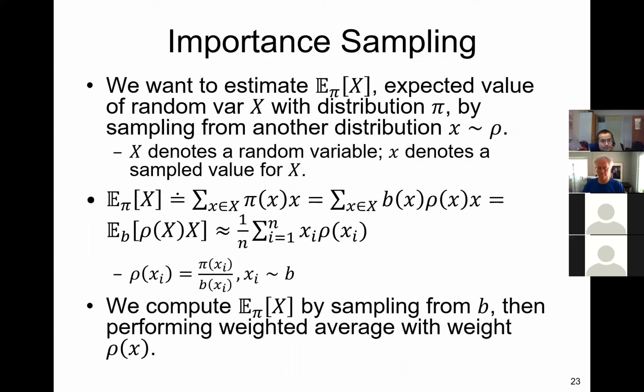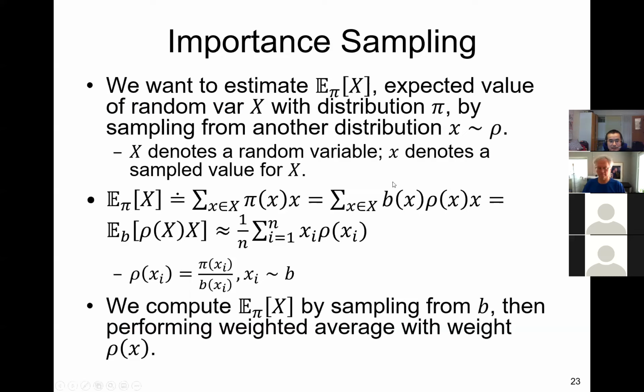By definition, the expectation of a random variable based on distribution pi is the sum of small x, a particular value, times its probability pi(x) for all possible x. We assume x is a discrete number. Otherwise, we need to use integrals.